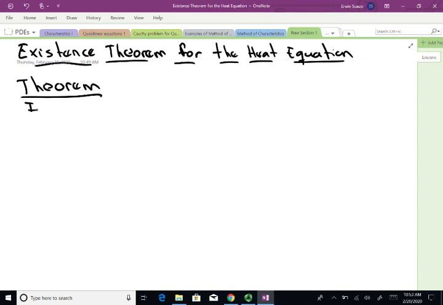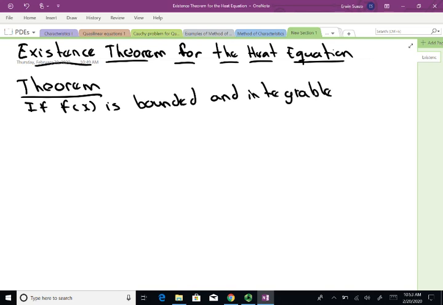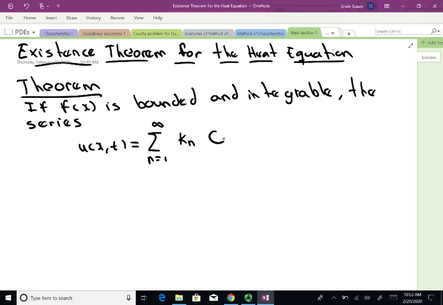It says if f of x is bounded and integrable, the series we considered last time, that was u(x,t) equals the sum from n equals 1 to infinity of k_n e to the, in this case I'm going to put this c because it's no problem to carry this c over here.